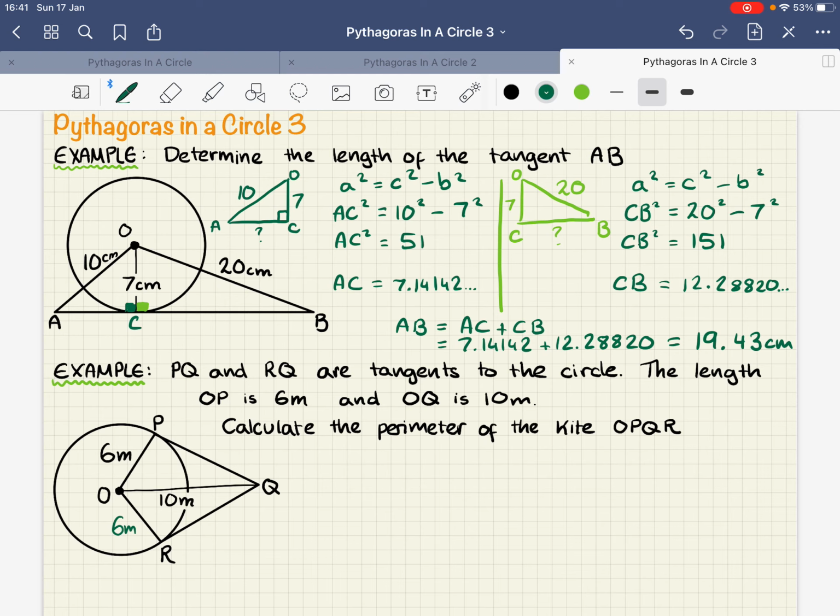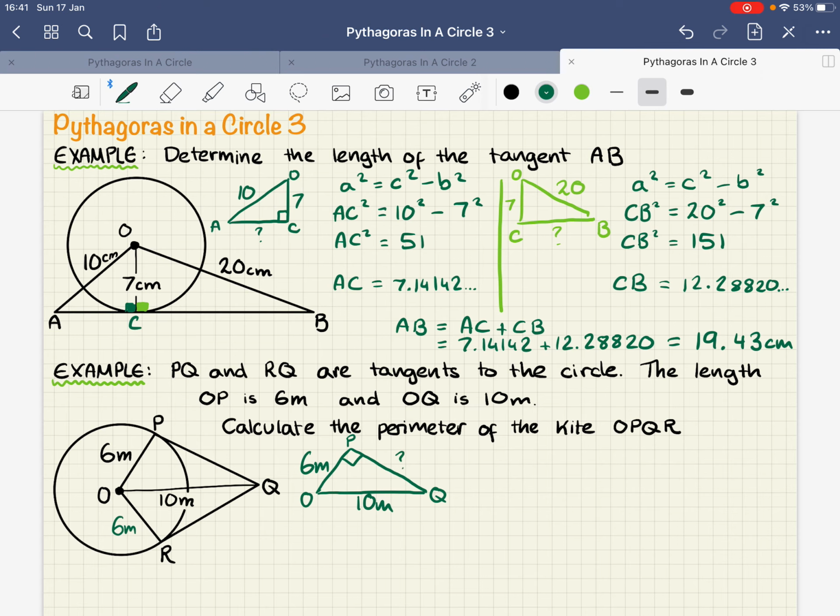So let's just quickly draw that triangle out. So there's my right angled triangle, so the OPQ, so it's at 6 meters, got that 10 meters, and I don't know what that part there is.